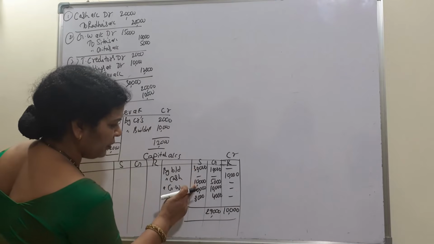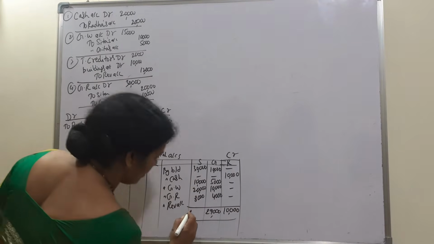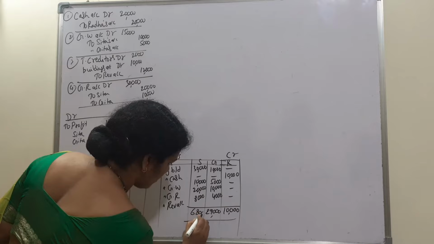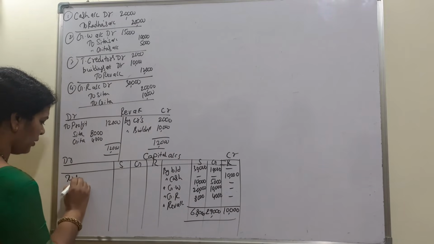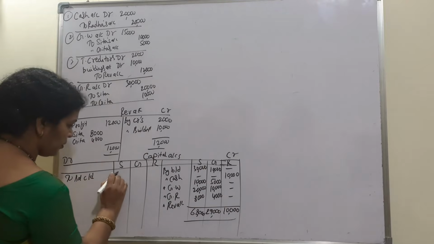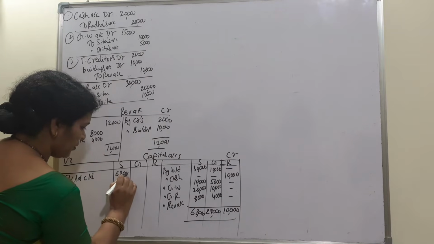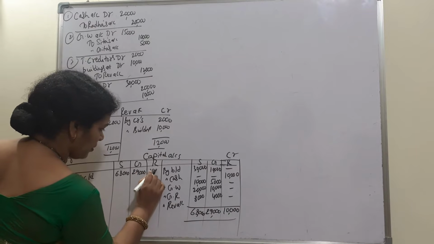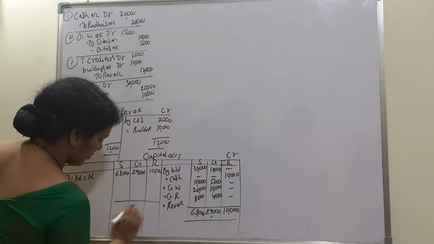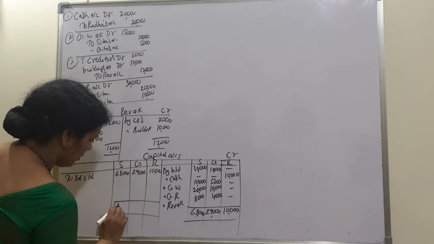This is 30, 50, 60, 68,000. So this is to balance carried down: 68,000, 29,000, 10,000. The same amount will be written here.